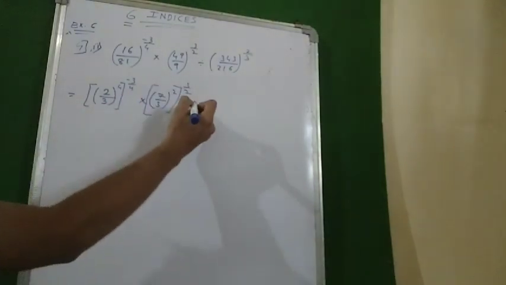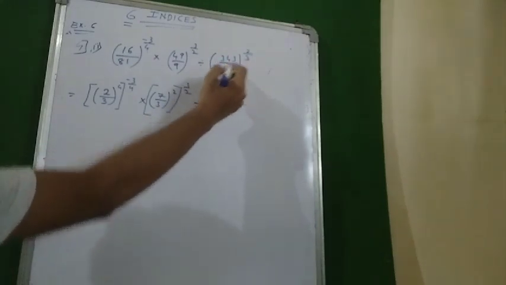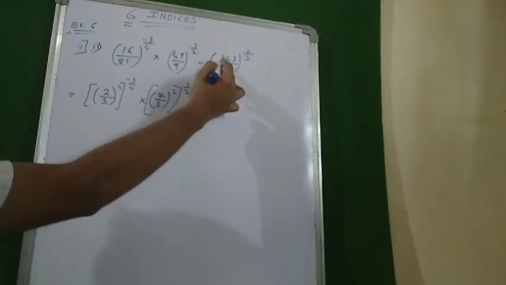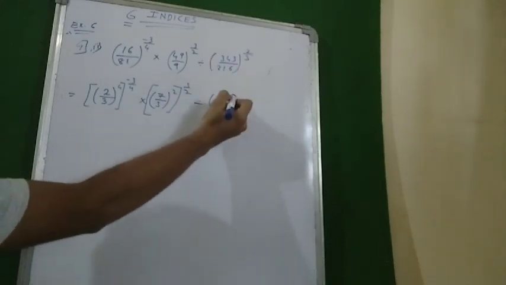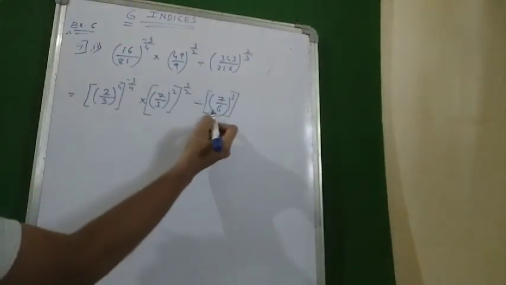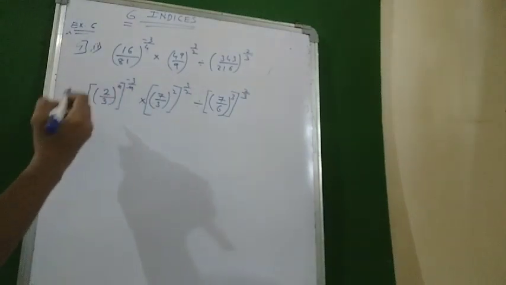Okay, divided by 343 and 216, and here it is 3, so I will write 7 upon 6. 7 cube is 343, 6 cube is 216, so I will write 7 upon 6 whole raised to 3, raised to 2 upon 3. So this 4 gets cancelled.